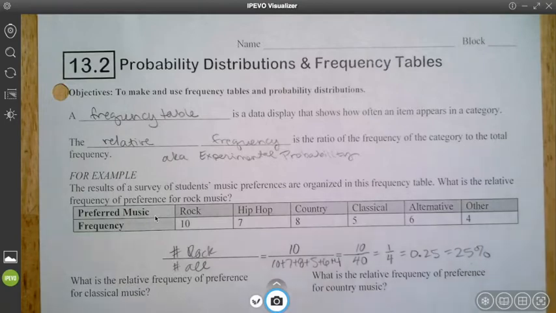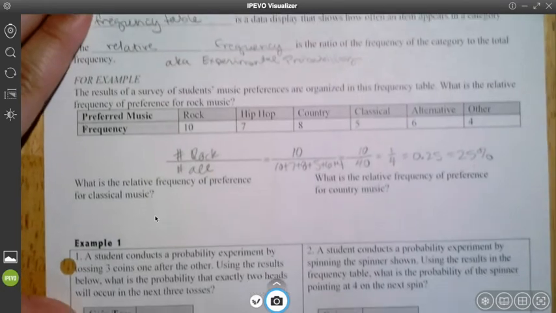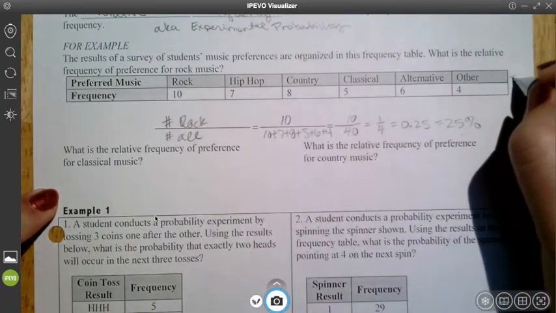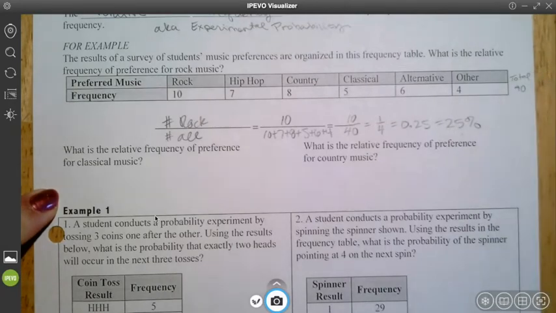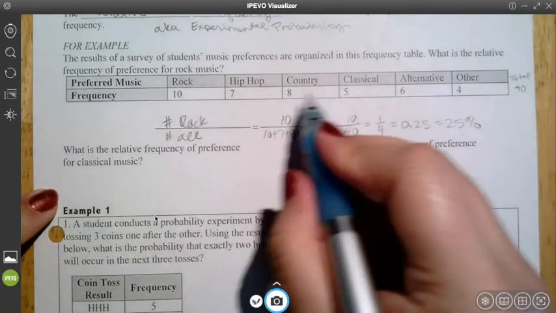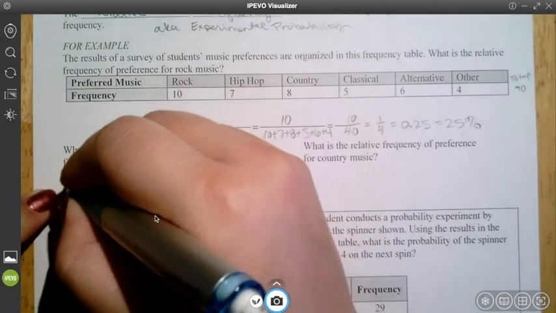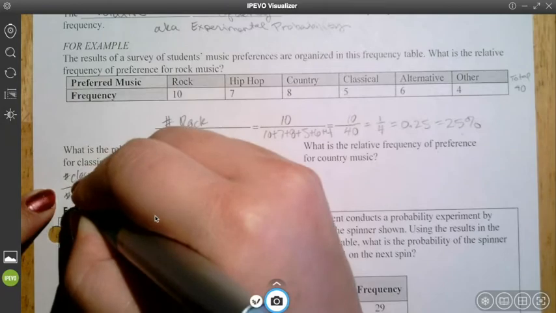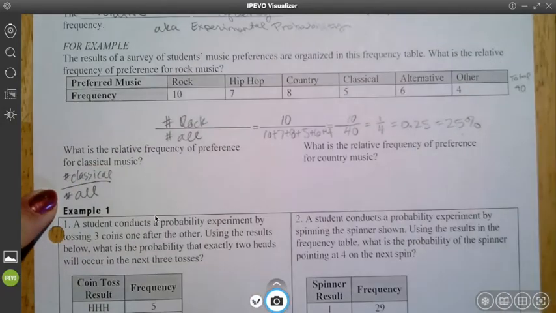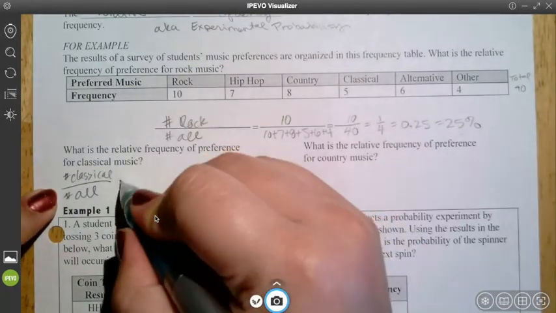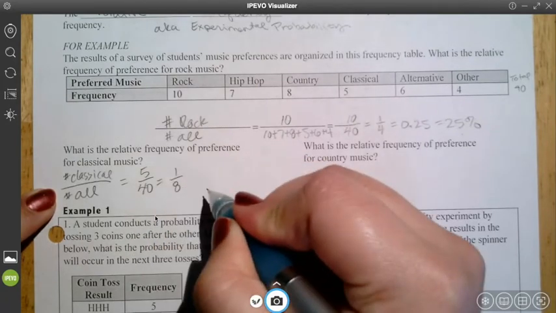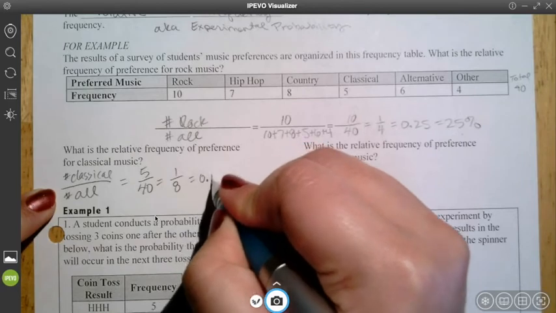So what is the relative frequency for classical music? Classical music is 5. We already know that the total is 40. We don't have to calculate that over and over. I'm not always going to write the fraction for you, but just for the first few here. Classical is 5 over 40, which simplifies to 1/8, which equals 0.125.